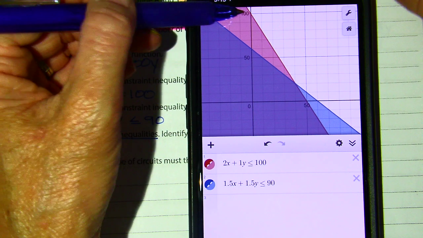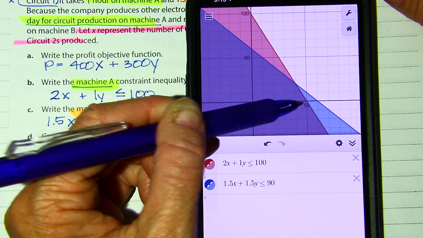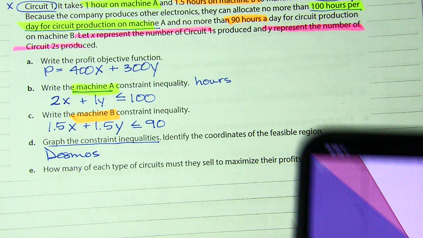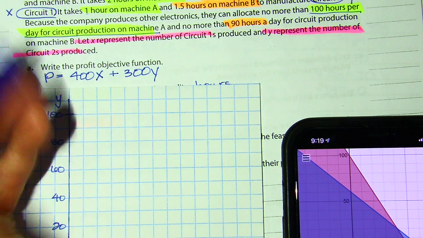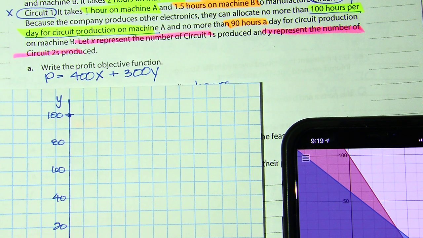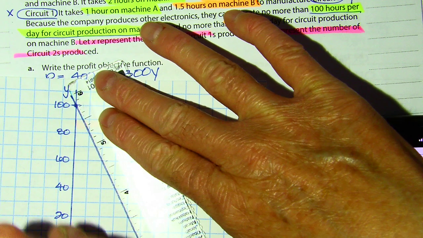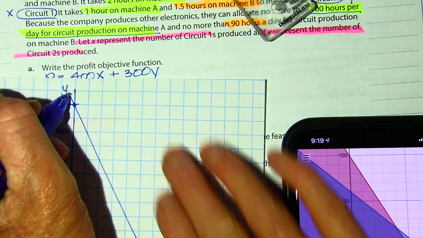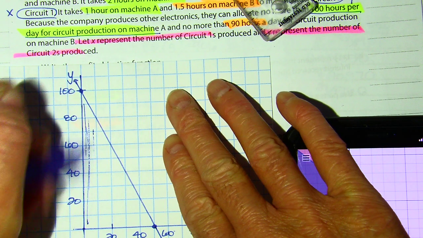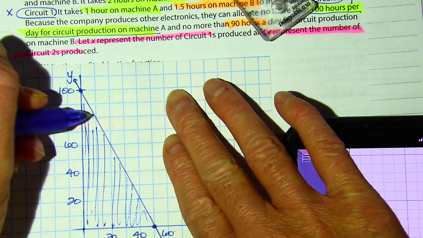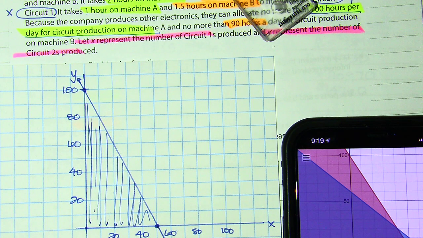The first one crosses at 150. And less than or equal to would mean that I shade below the line.